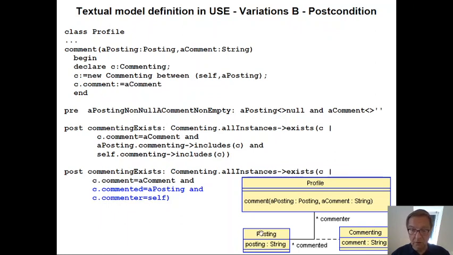So the parameter here for the operation comment is a posting object, and the task of the operation, as you see in the SOIL implementation, is that a commenting object is created between the commenter and the posting that is handed over as a parameter.